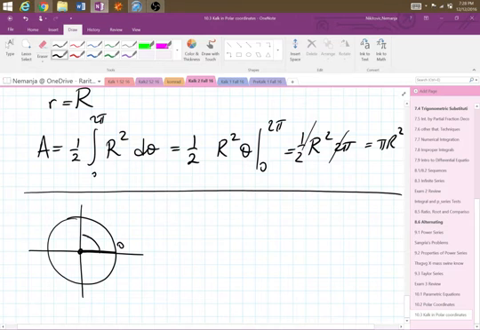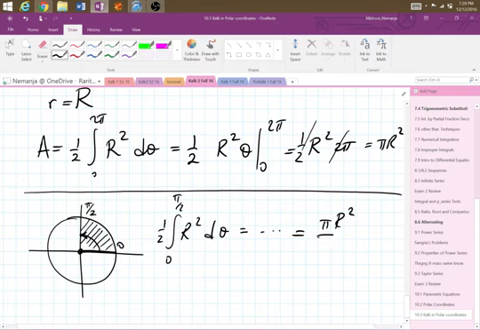If I only need a quarter of the circle, I will end up at pi over 2. This area is 1/2 integral from 0 to pi over 2 of r squared d theta. It should be common sense that the answer is pi r squared over 4, because you calculated a quarter of the area of the circle.